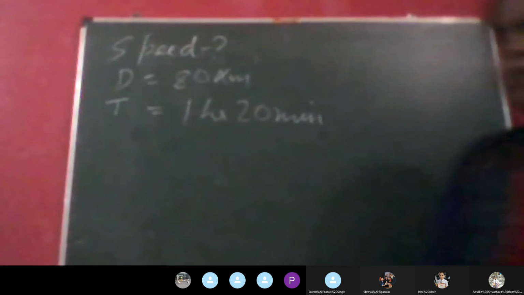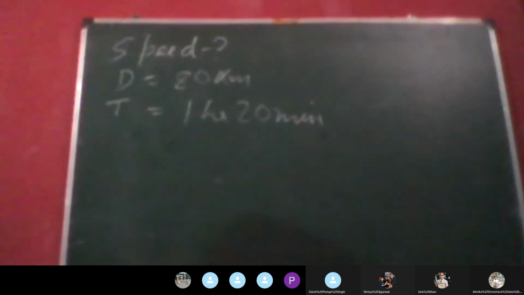Calculate the speed if the body covers 80 kilometers in 1 hour 20 minutes. What will it be? I just told you to calculate the speed. So what should we do? Nothing like SI is said, just in general they have said to find the speed. So what will we do?